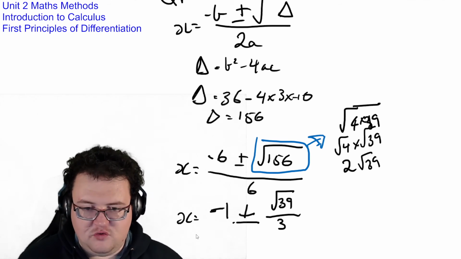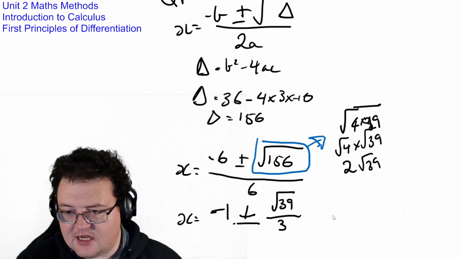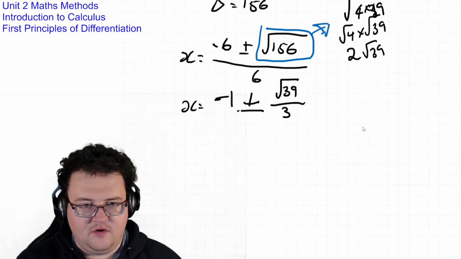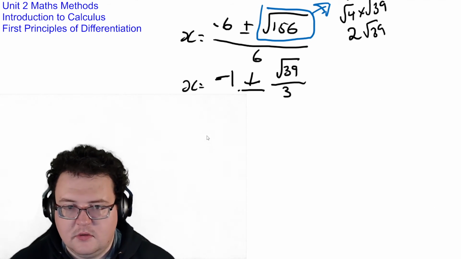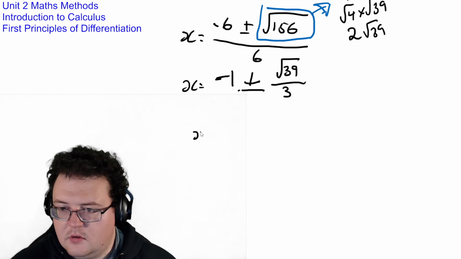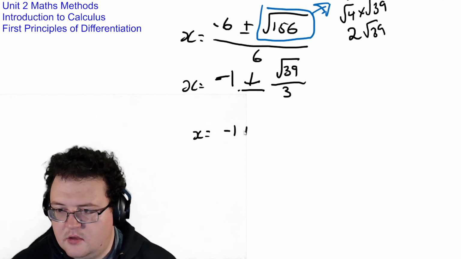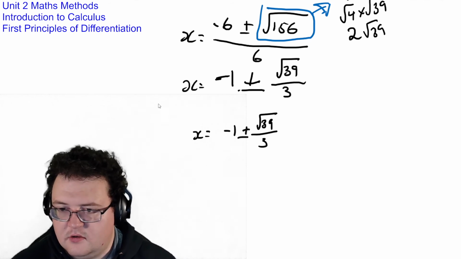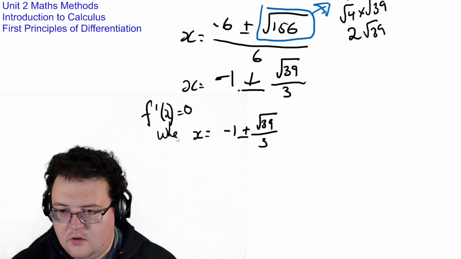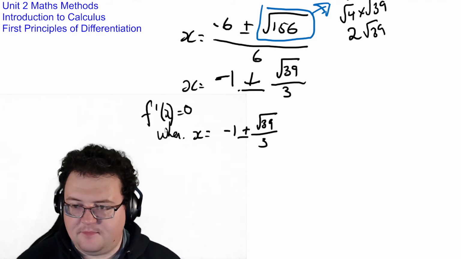So therefore, you now have the exact location for the x values of your turning points. So x equals negative 1 plus or minus the square root of 39 over 3. So f dash x is 0 when x is that.